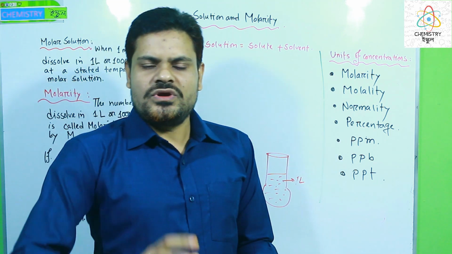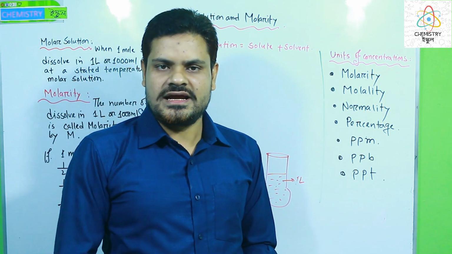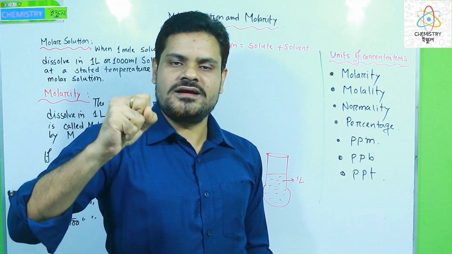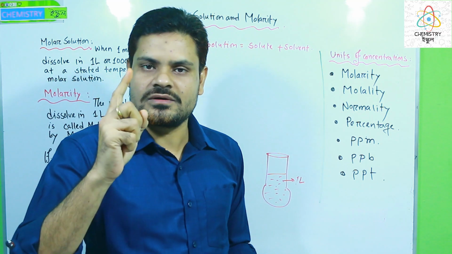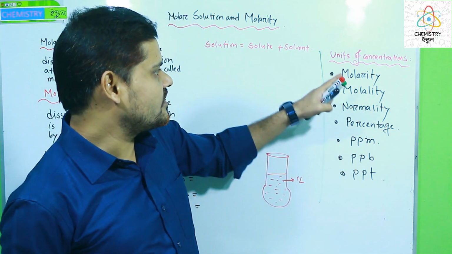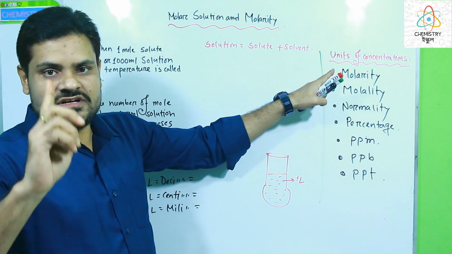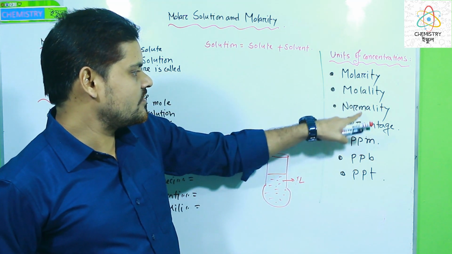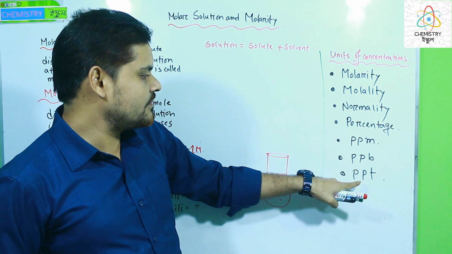Dear learners, we have different solutions, and the strength of a solution is expressed by a unit. This is the unit of concentration. Have a look at the whiteboard, dear learners. We have different types of units of concentration here: molarity, molality, normality, percentage, ppm, ppb, ppt.